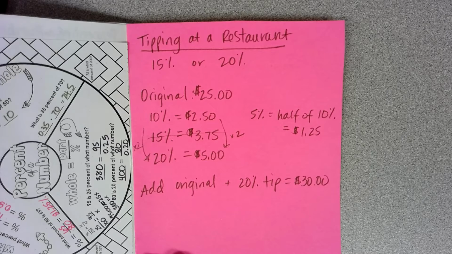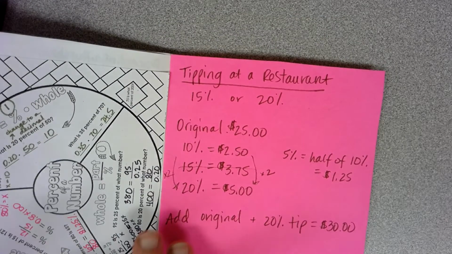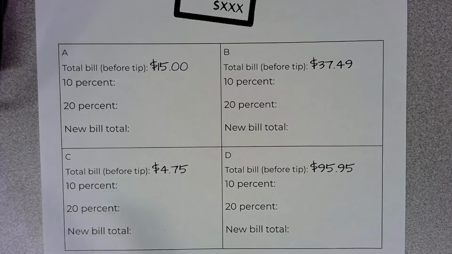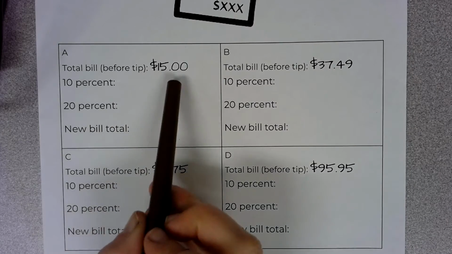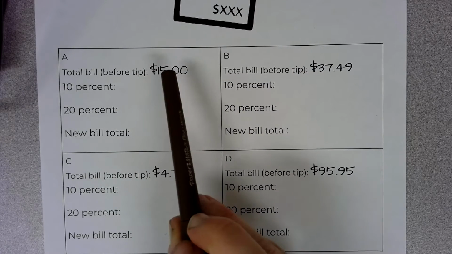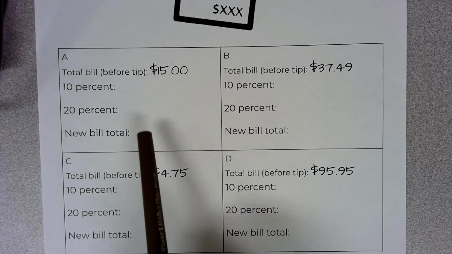You have a worksheet that you are going to be working on titled, What is the Tip? It is also January 14th up at the top. You have the original amounts here for your bills, and then you're going to find the 10% of that, 20% of that, and then your new bill total.